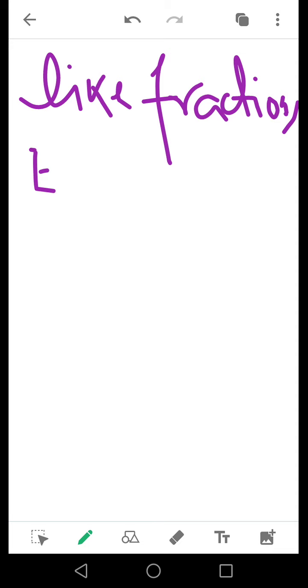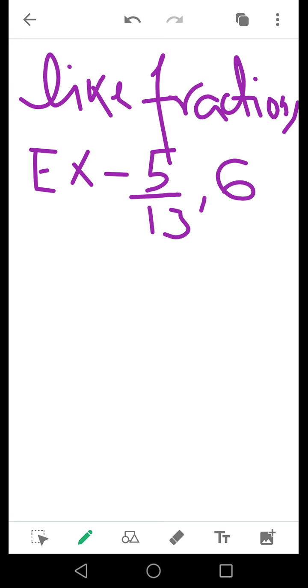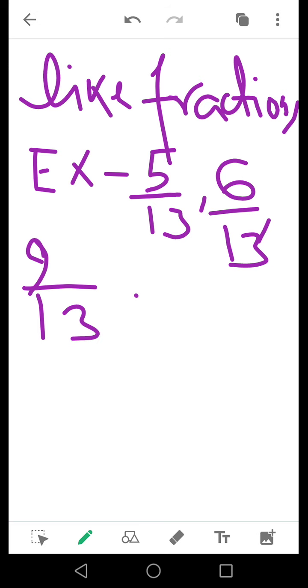Some few examples: suppose 5 by 13, 6 by 13, 9 by 13, these are called like fractions.